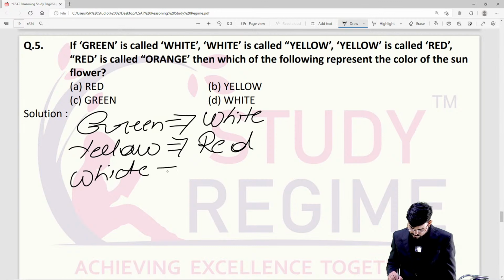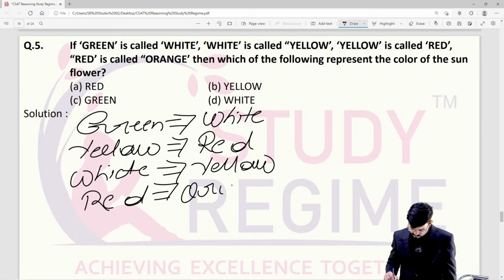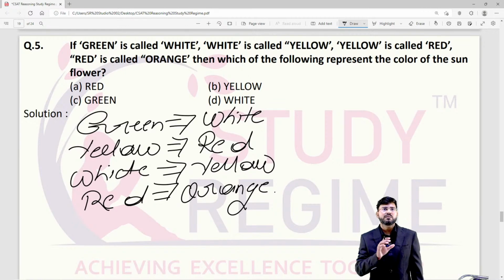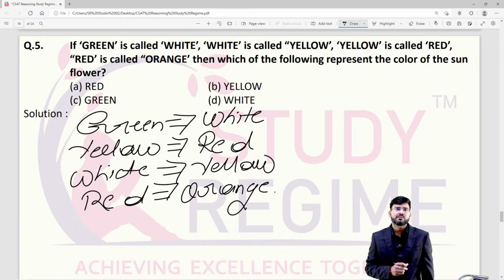White is called as yellow and red is called as orange. It is given in the question that green is called as white, white is called as yellow, yellow is called as red, and red is called as orange.